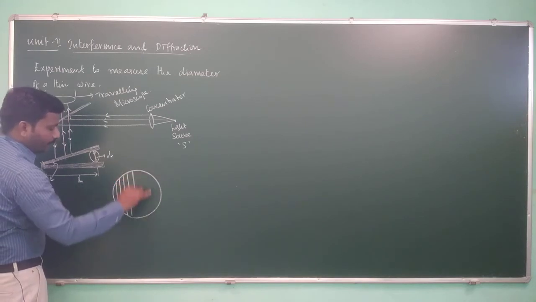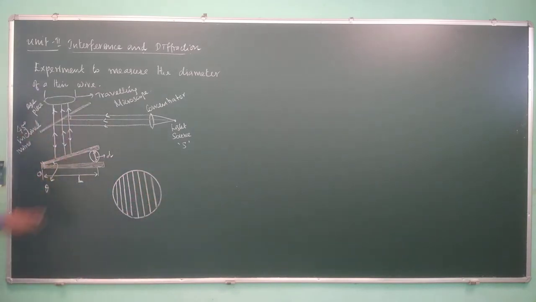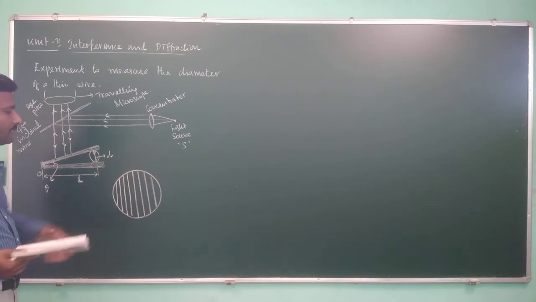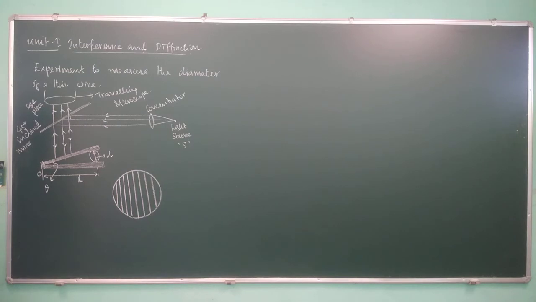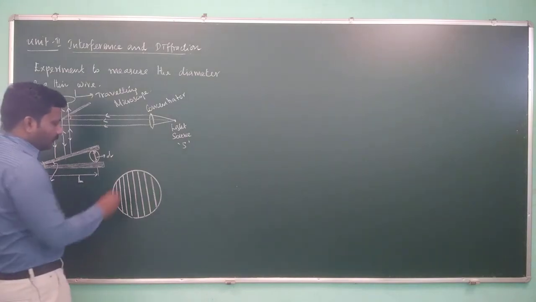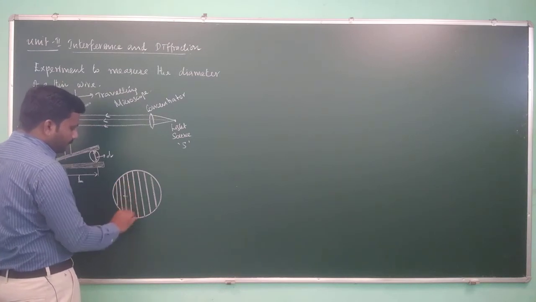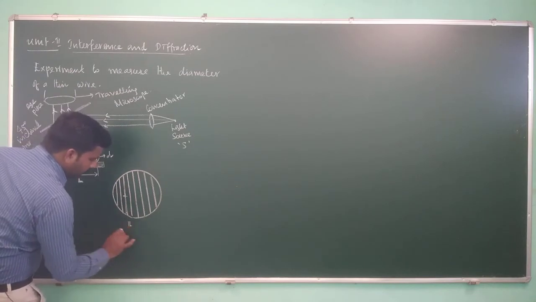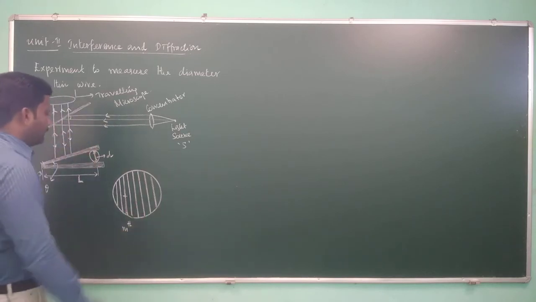One can observe equally spaced bright and dark fringes when the position of the air wedge and the height of the traveling microscope are adjusted properly. Now we focus the cross wire of the traveling microscope on a particular fringe. Let's call that fringe the mth fringe.